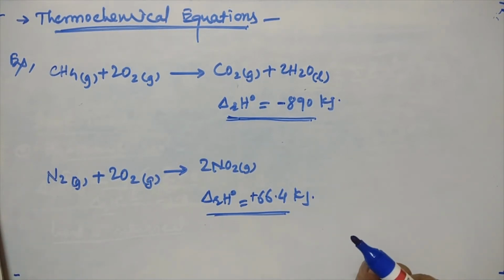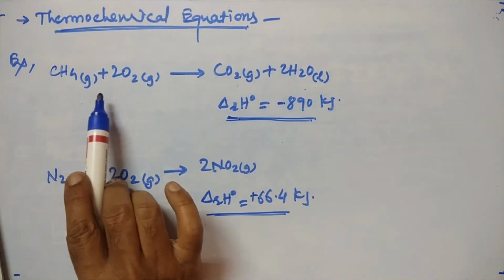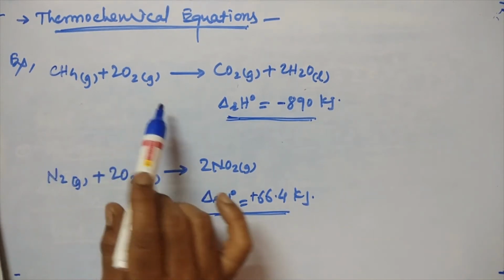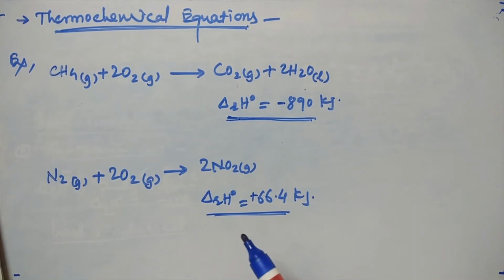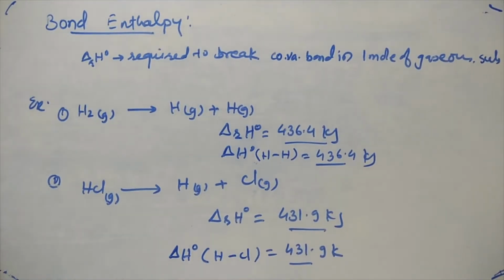Then the physical states of the reactants and products are specified by the letter g for gaseous, l for liquid and s for solid, in the right lower.